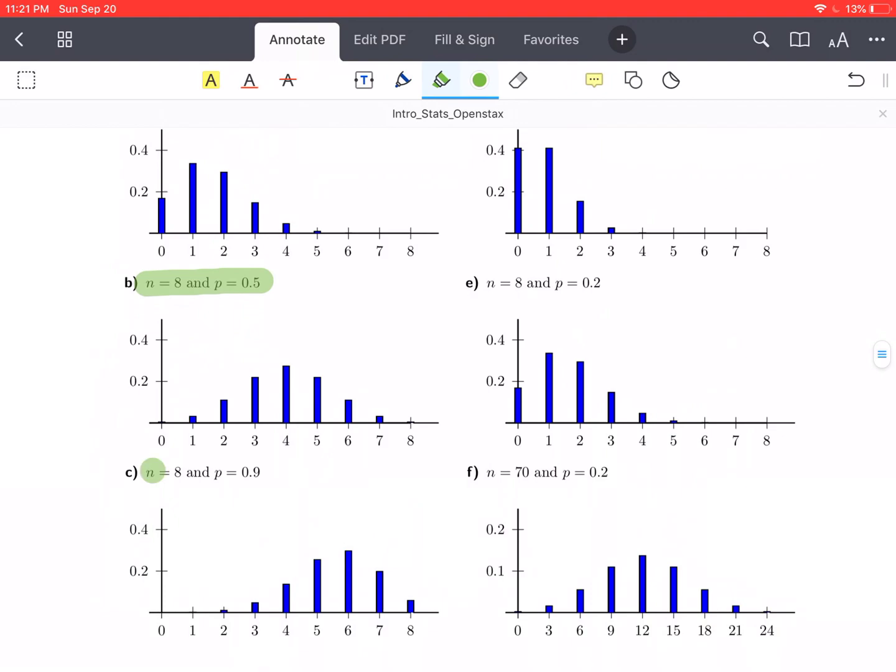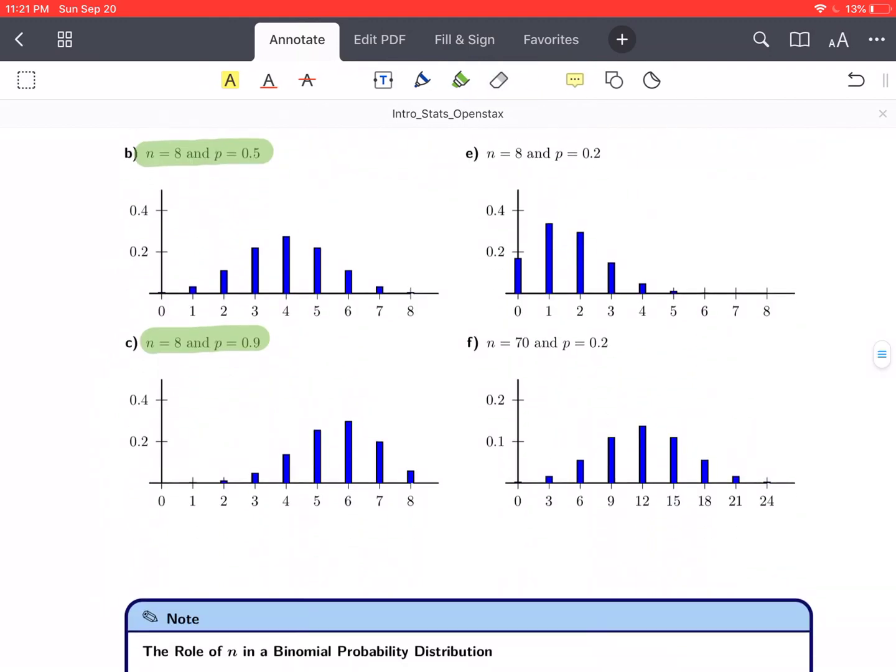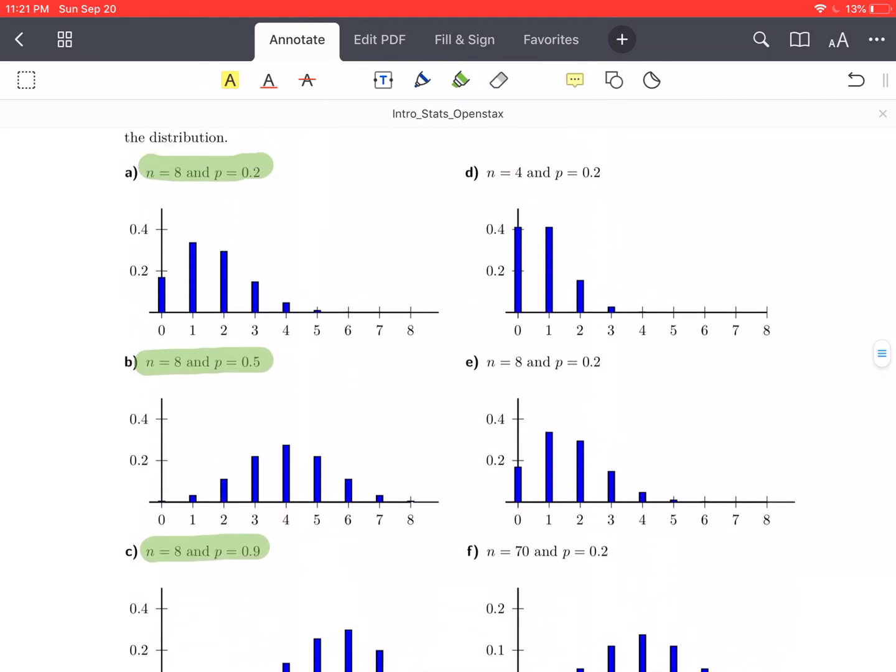And then if we go 8 trials with a probability of success of 0.9, now we're moving all our data to the right, because there's a greater likelihood that it will occur more times, so the higher values get more weight. What happens if we drop the number of trials, but still maintain the probability of success?